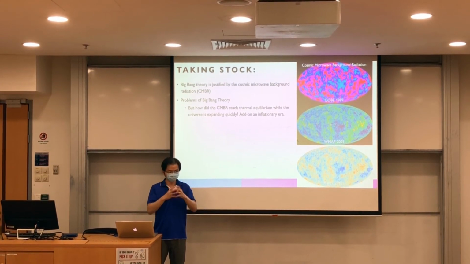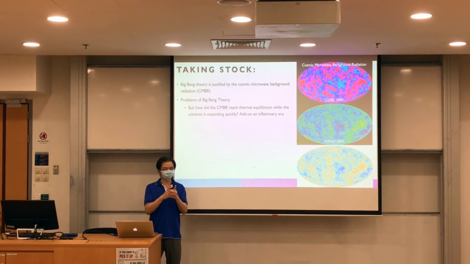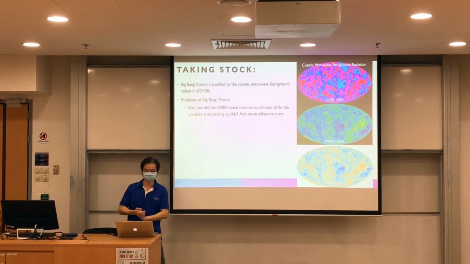It was expanding but not so big, smaller. Okay? So there's time to reach thermal equilibrium. Then, after it reached thermal equilibrium, there was a period where it suddenly expands a lot faster, inflation. So we changed the story to fit the narrative.